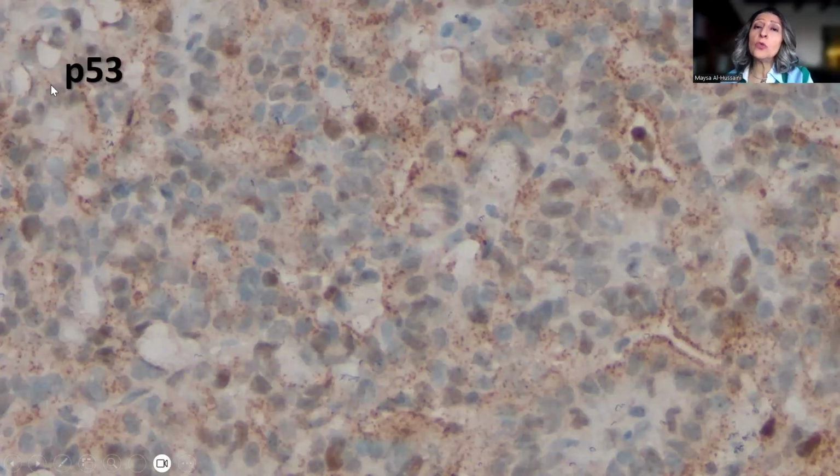P53 is important to do because of the association of choroid plexus carcinomas, in particular with Li-Fraumeni syndrome. This is why we did the P53, and as you can see, there is some non-specific staining in the cytoplasm, but what is really important is the nuclear staining, which is kind of mosaic, and this is consistent with a wild type staining pattern.